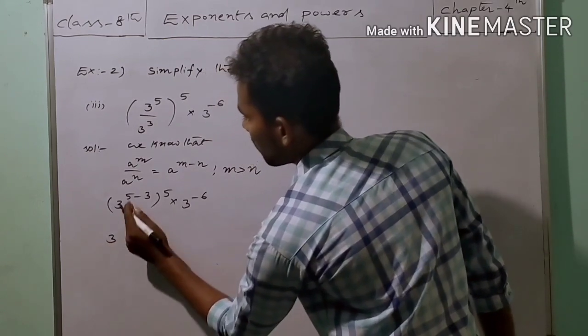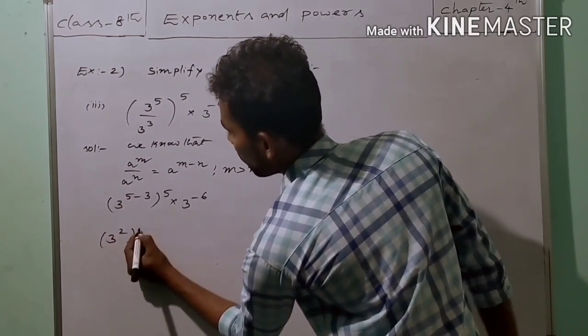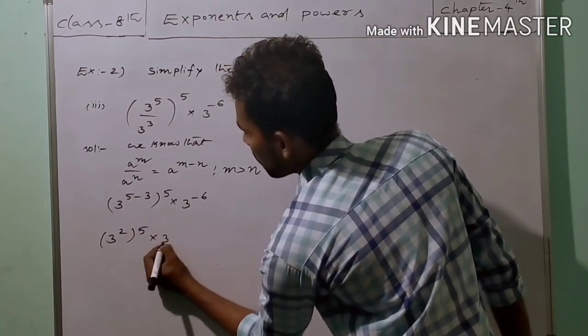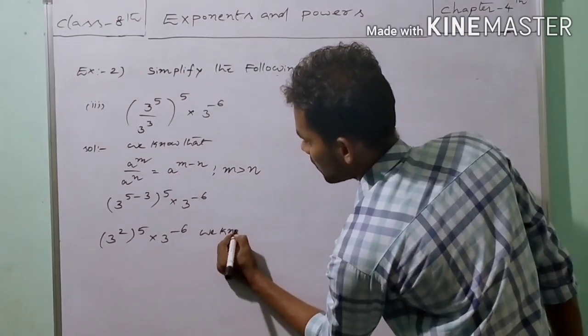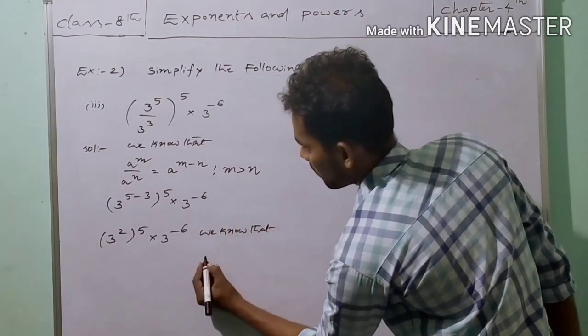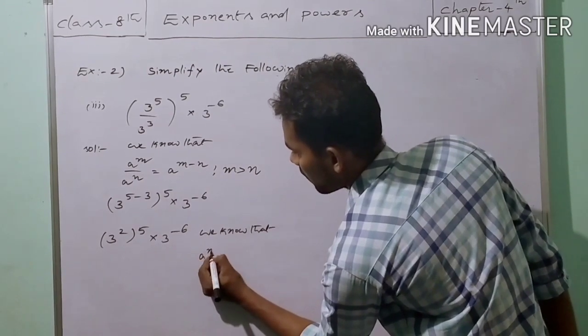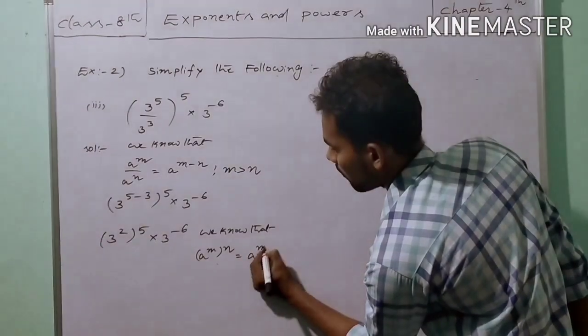We know that a power of m whole power of n equals a power of mn.